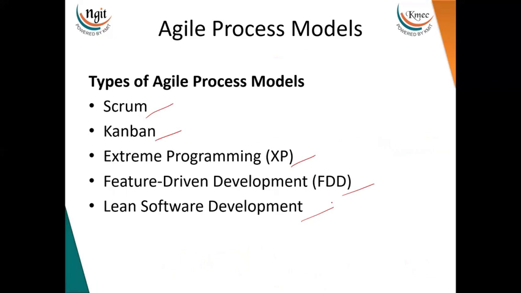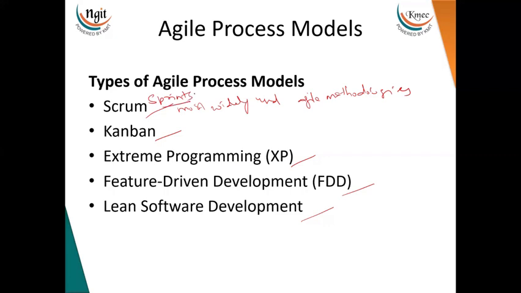Coming to the first process model, Scrum. Scrum is the most popular, most widely used agile methodology. The speciality of Scrum is having sprints.